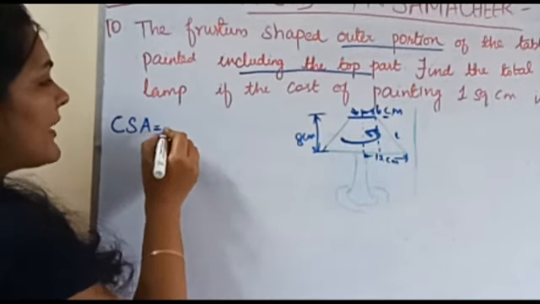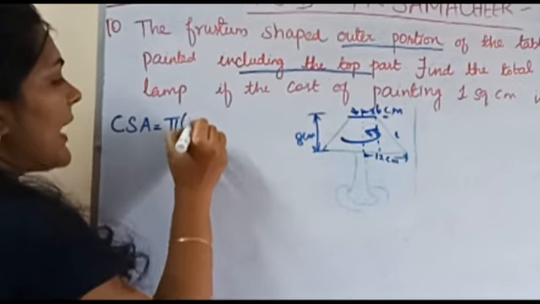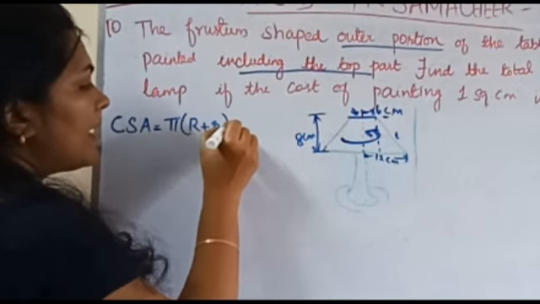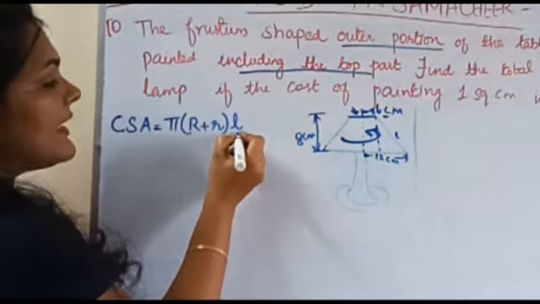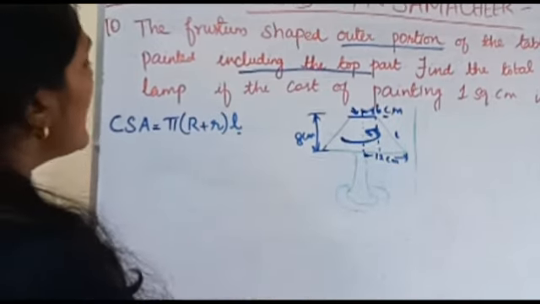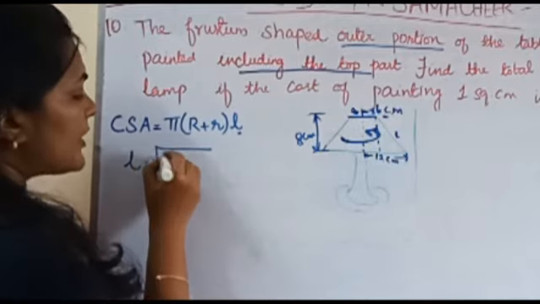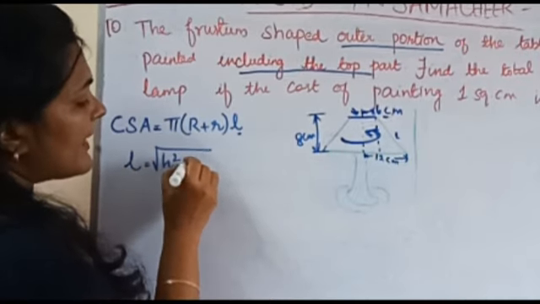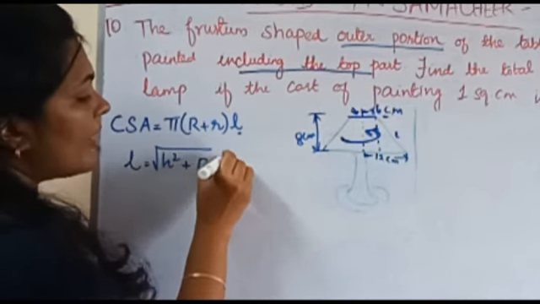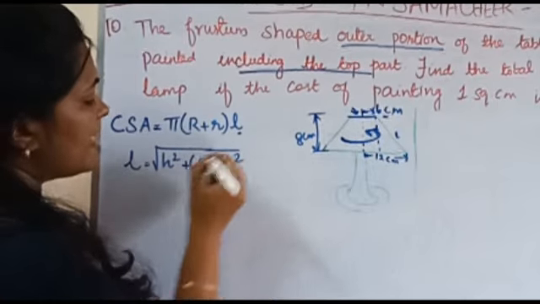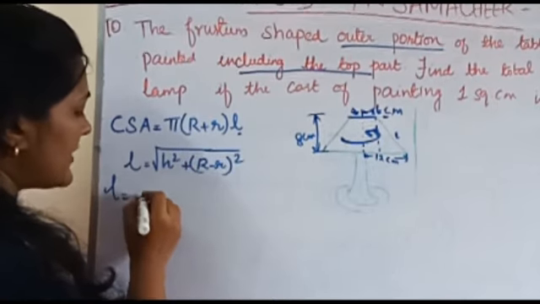Write the formula for curved surface area of frustum. Curved surface area of frustum is pi (R plus r) into L. See, you need L here, but we don't have L. So to find L, L is equal to square root of h square plus (R minus r) the whole square. Right? Substitute the values.